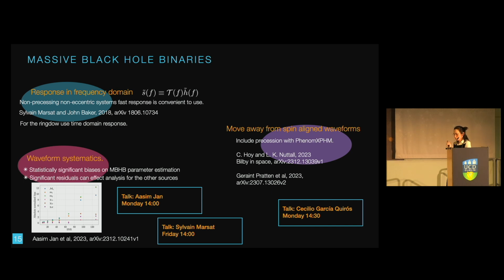Also, again, the importance of more precise waveforms. There will be 2 talks that will show which systematics we can get in the parameter estimation by mismodeling the waveforms, especially at such high SNRs.